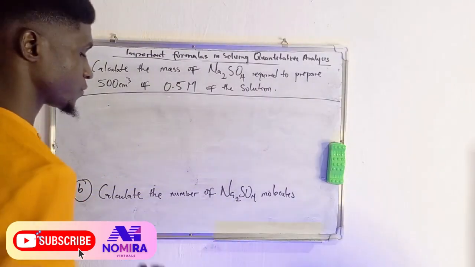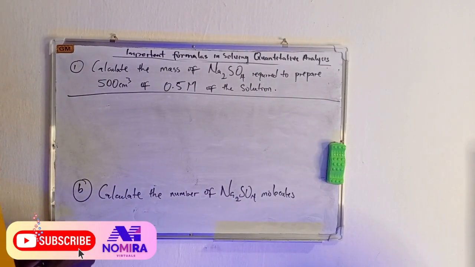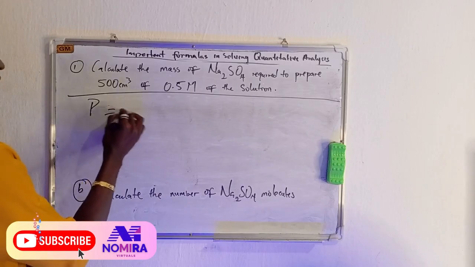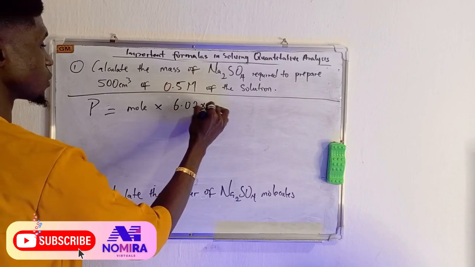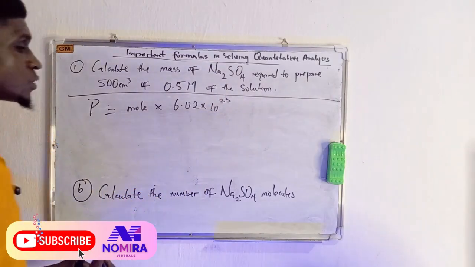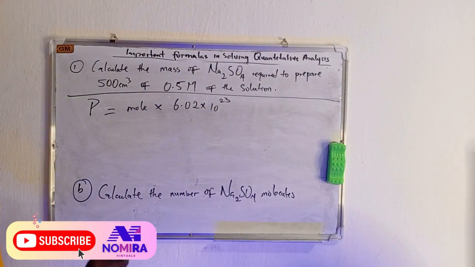Calculate the number of sodium sulfate molecules. The question is from particle. Particle is equal to mole times Avogadro's constant, which is equal to 6.02 times 10 raised to the power 23, right?